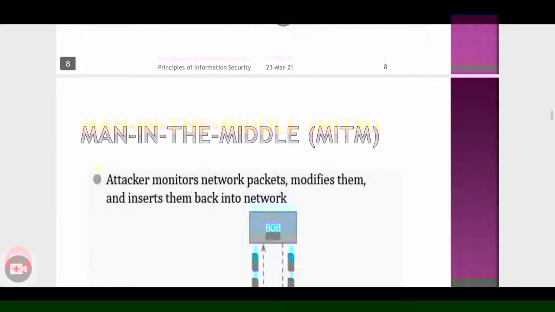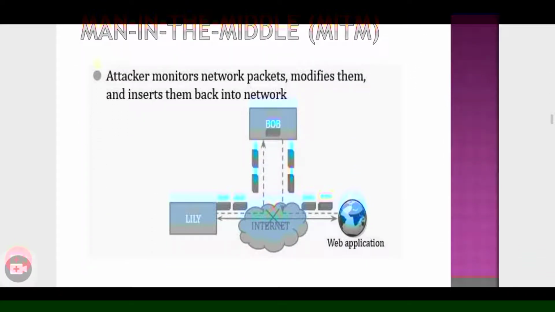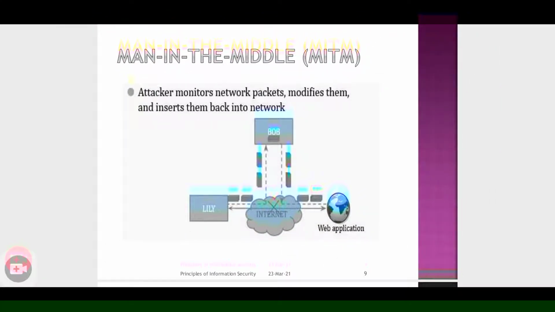Actually, the man in the middle attack, MITM, is an example of this content modification. Here the attacker monitors the network packets, modifies them, and inserts them back into the network. You can see Lily connects to the web application through the internet, and Bob is an attacker.